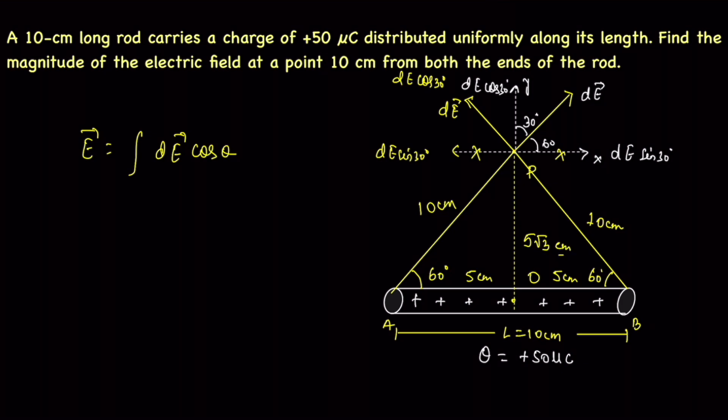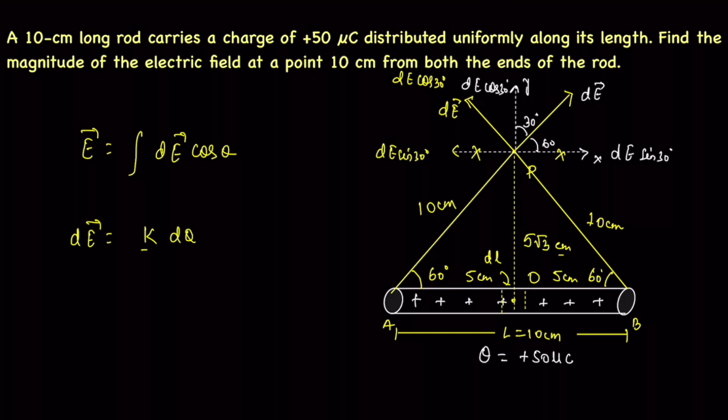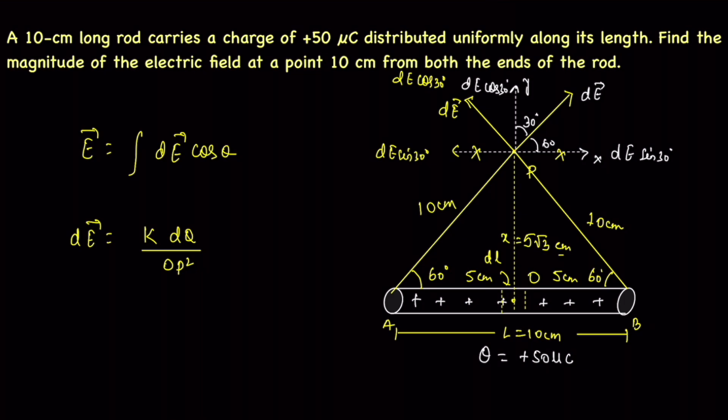Now if we take a very small section of the rod, suppose this length is dL, then the electric field dE is equal to K dQ divided by OP square. OP square we can assume as x square. So it can be written as K dQ divided by x square.